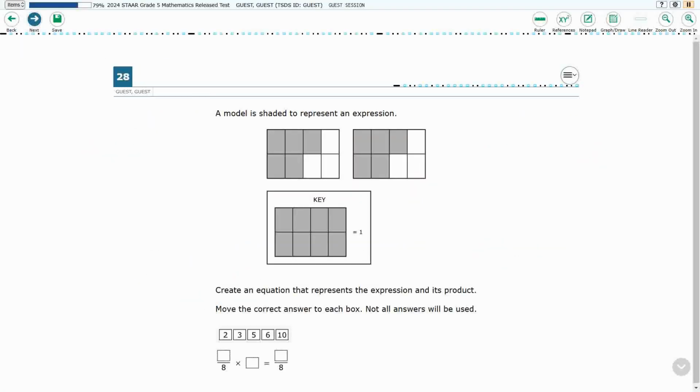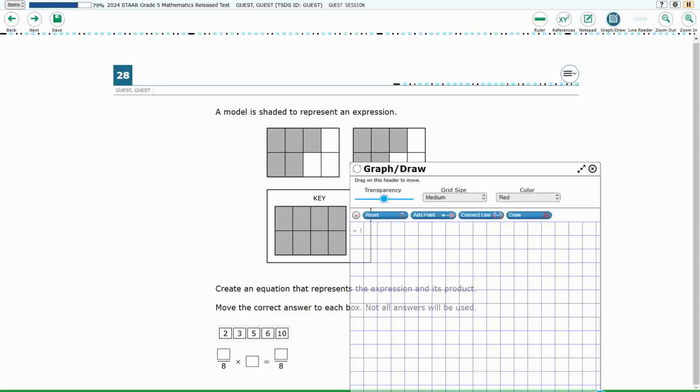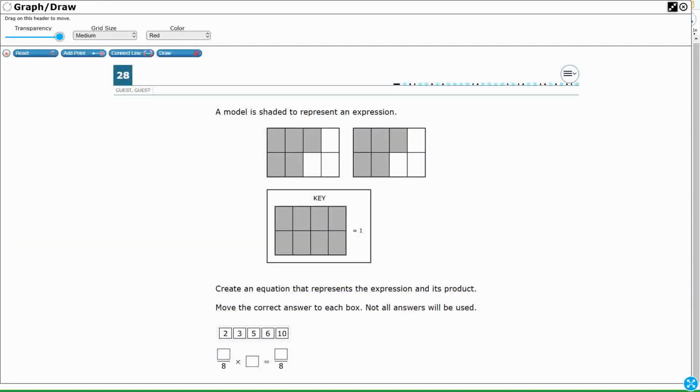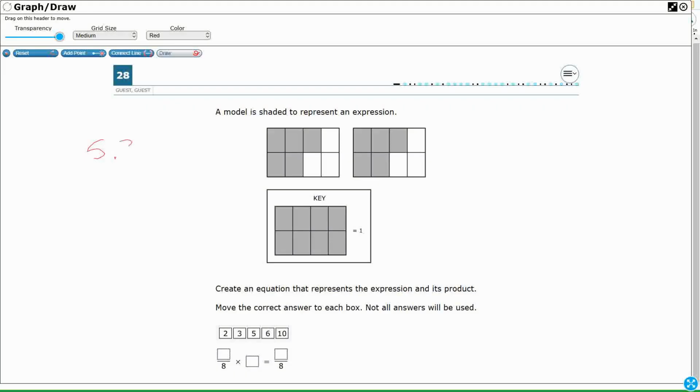For number 28, we've got a drag and drop here, and so we have this equation that is being modeled for us. We're looking at standard 5.3i, multiplying whole numbers and fractions with models. So we've got this key here.